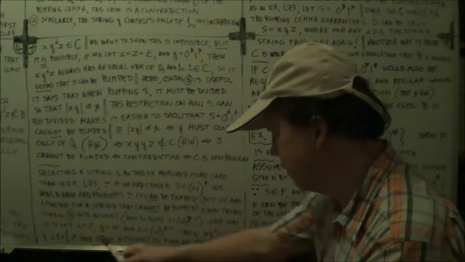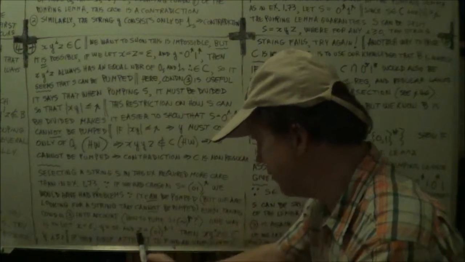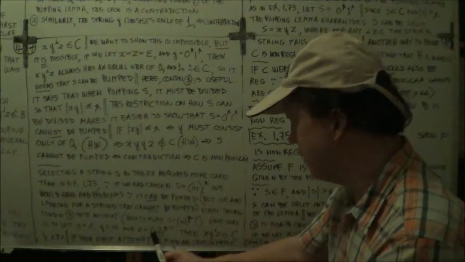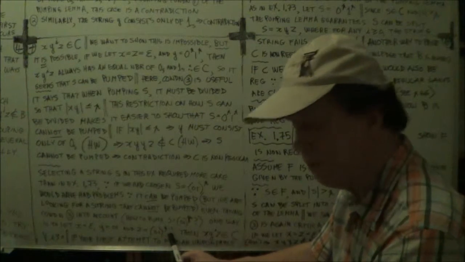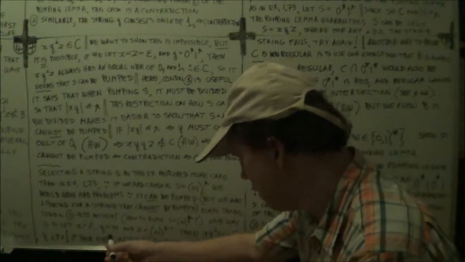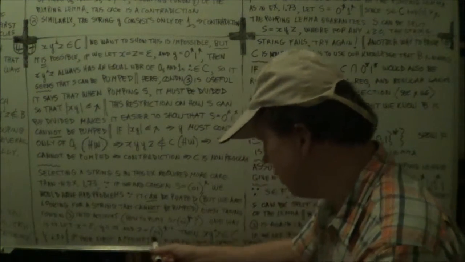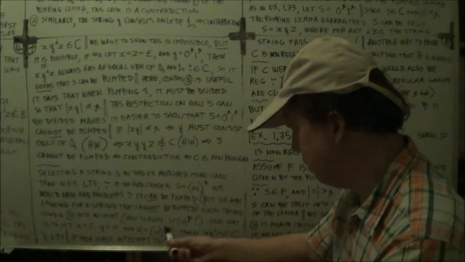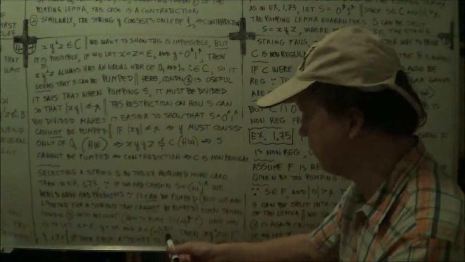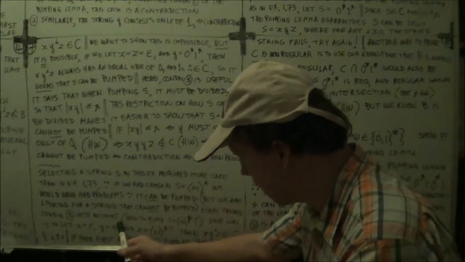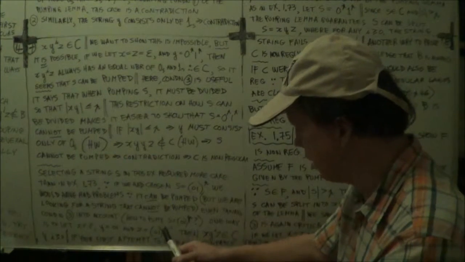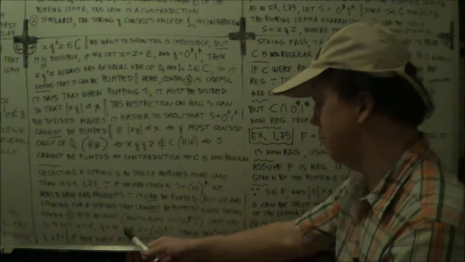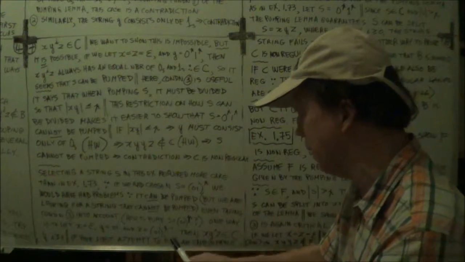So yz would then be (0,1) to the P. If you concatenate y and z, you get (0,1) to the power 1 times (0,1) to the power P minus 1, so the two exponents add to just P.